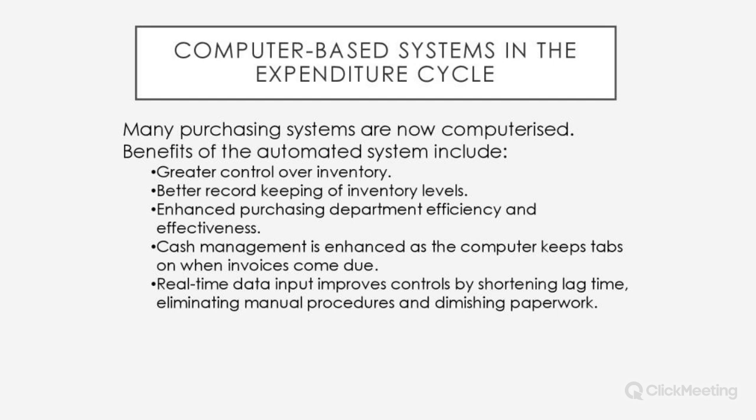Enhanced purchasing department efficiency and effectiveness. Cash management is also enhanced by computer, as the computer keeps records of when invoices become due. And real-time data input improves controls by shortening lag time and eliminating manual procedures, which of course reduces the paperwork.